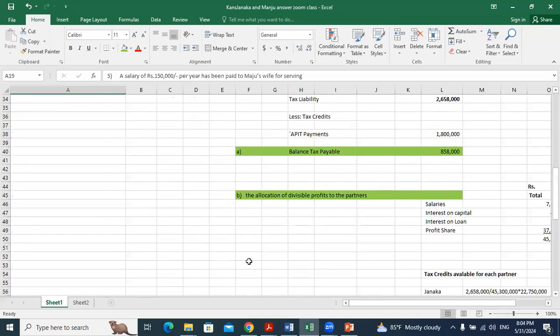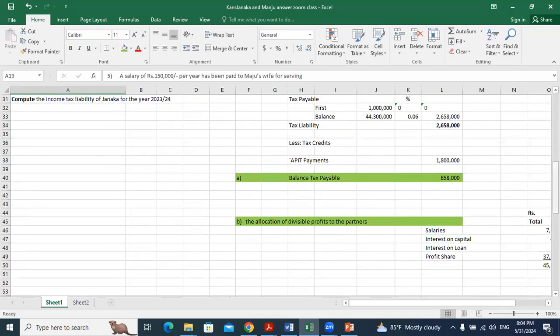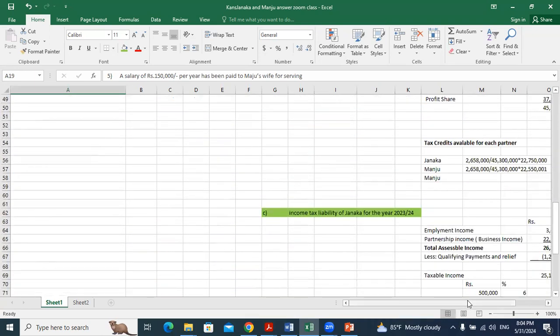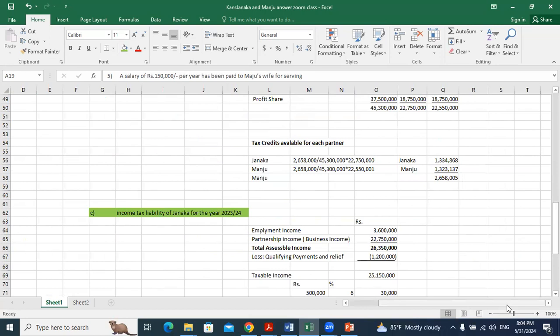If we are preparing the tax computation of Manju, not Janaka, we would add that salary into this place, 2,750,000 plus 150,000. That is as per section 53, subsection 7, so you can read the sections in English.